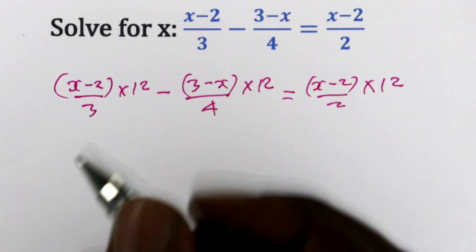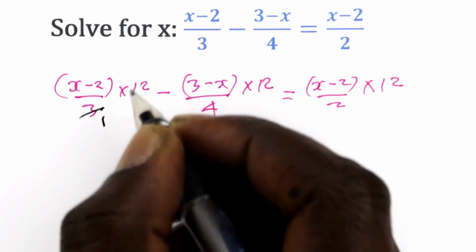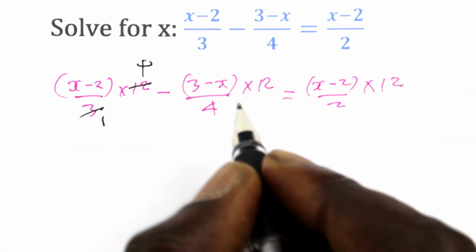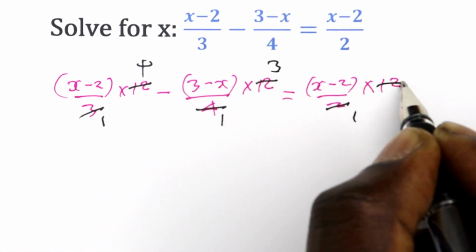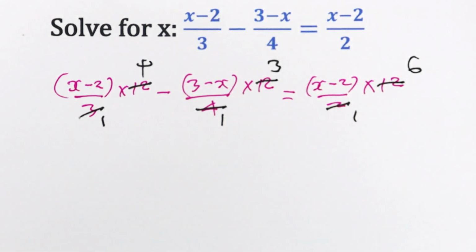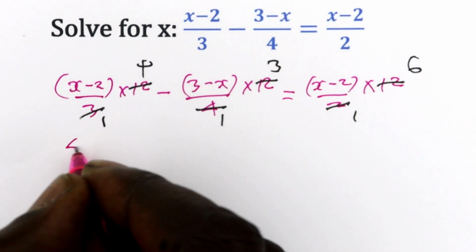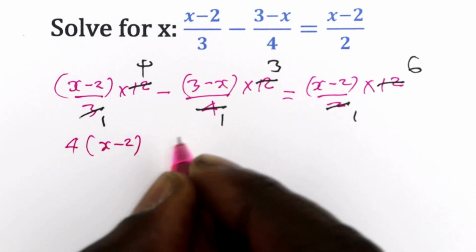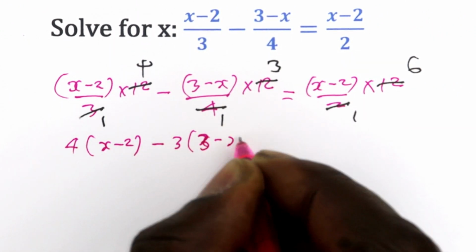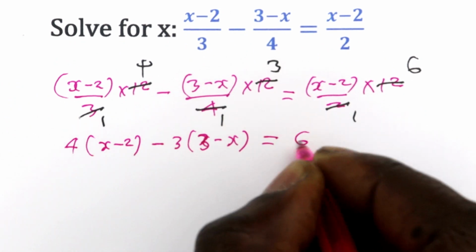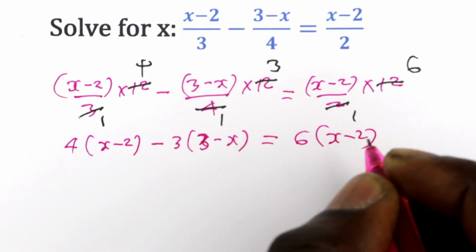So when you do this, 3 here once, 3 here 4 times, 4 here once, 4 here 3, 2 here once, 2 here 6. So what we have is now 4 times this, that is 4 into (x - 2) minus 3 into (3 - x) is equal to 6 into (x - 2).